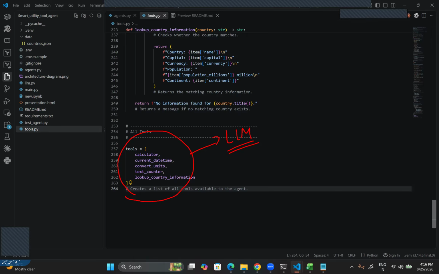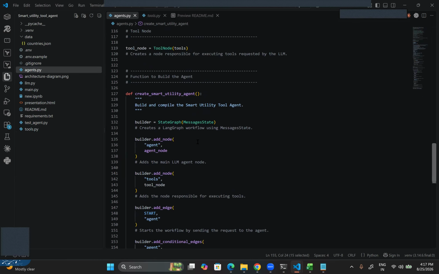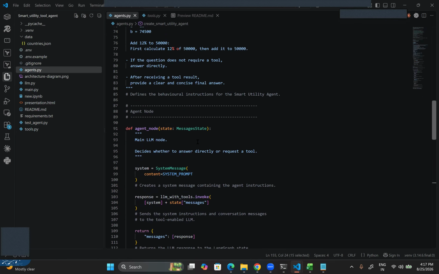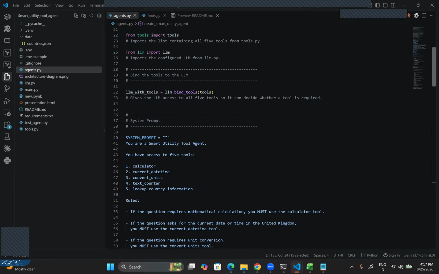Now, let me show you a couple more important things in the code base. Agents.py. If you go to this particular line, llm.bind_tools. This bind_tools gives the model visibility into those five functions, the five tools.